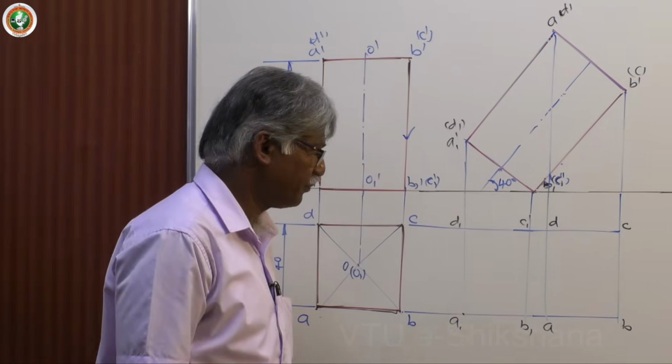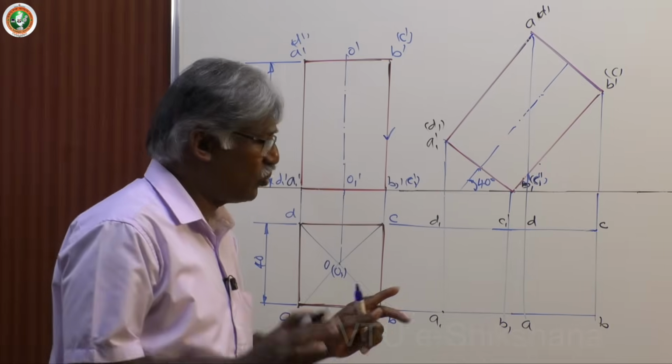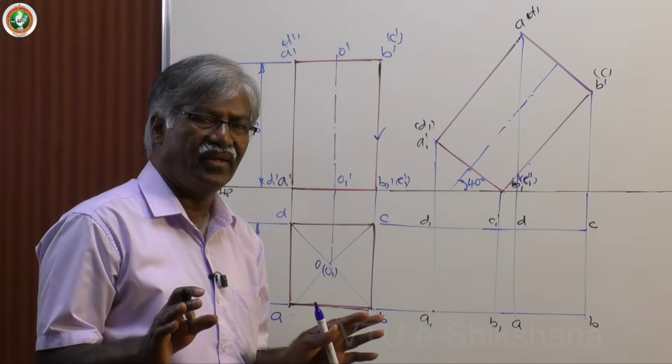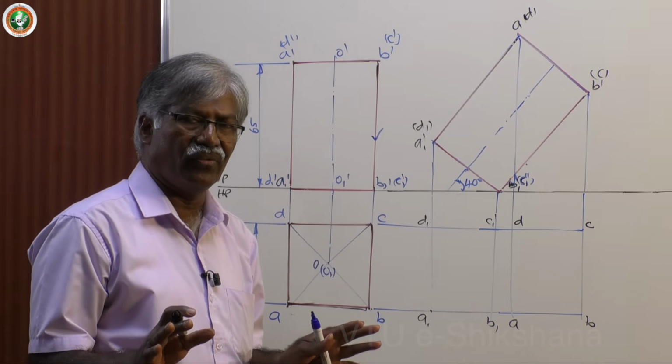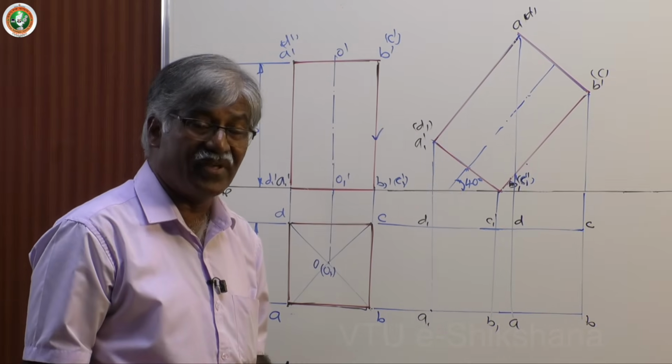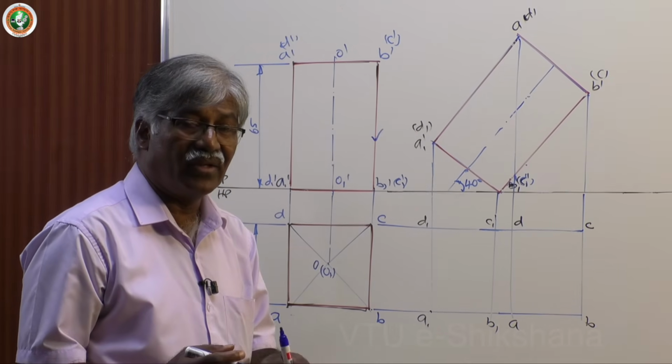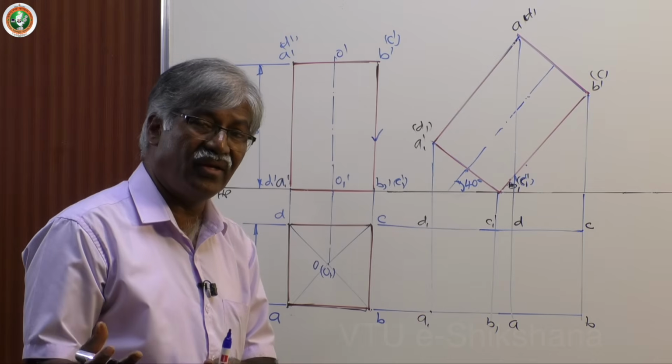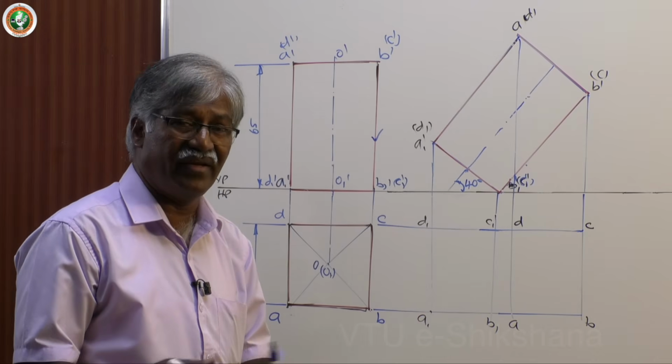Now, there are two methods of completing the top view or front view. Last session, I worked on a triangular prism and gave an idea about the farthest point which is not visible, and then completed.